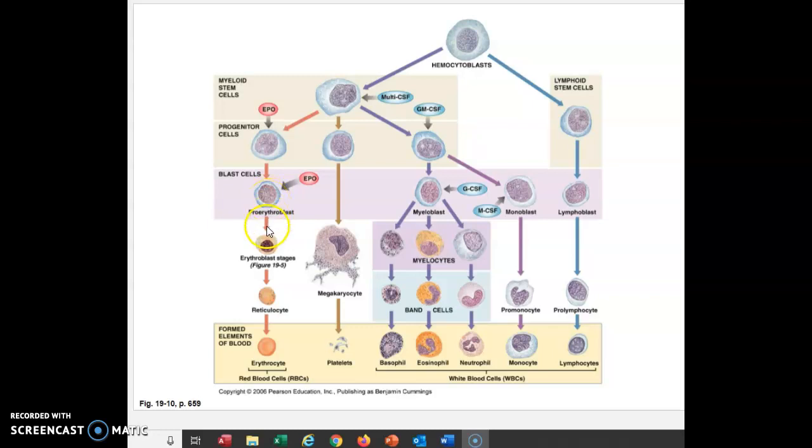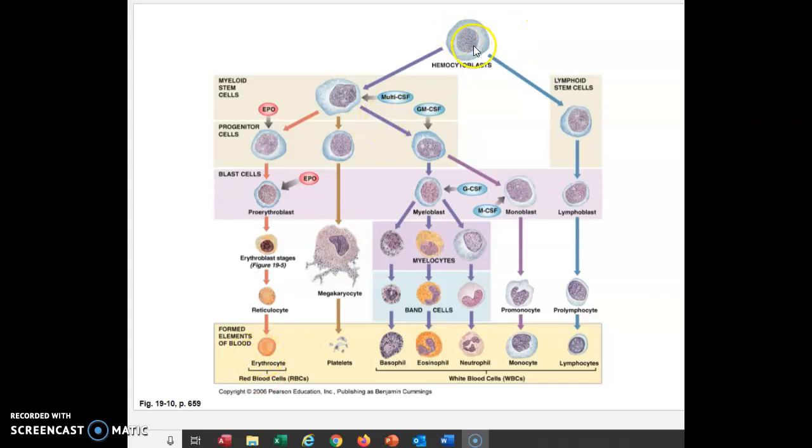As we mentioned before, the hemoglobin becomes 95% of the cell proteins, which causes the nucleus to be expelled along with most organelles, and then we end up with our red blood cells. This is the pathway that most blood cells take, going from the stem cell to the numerous erythrocytes that we have.